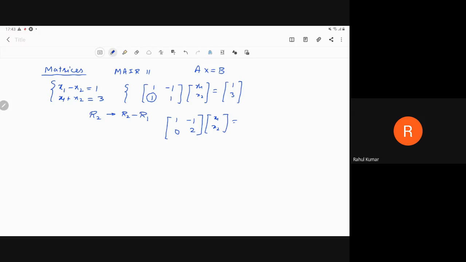Same thing you have to do here. 3 minus 1 means 2. Are you okay with this? You can write your answer in the chat box.